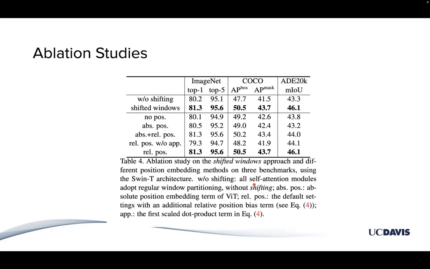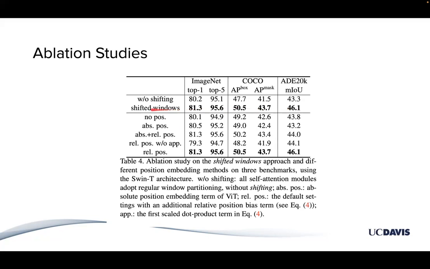The authors have also done some ablation studies, like without shifting and with shifting windows, and without including any relative position bias, as we have seen in the equation I mentioned in the previous slides. They found that shifted windows gave better accuracy results on ImageNet classification, and this is for object detection, and this is for semantic segmentation.